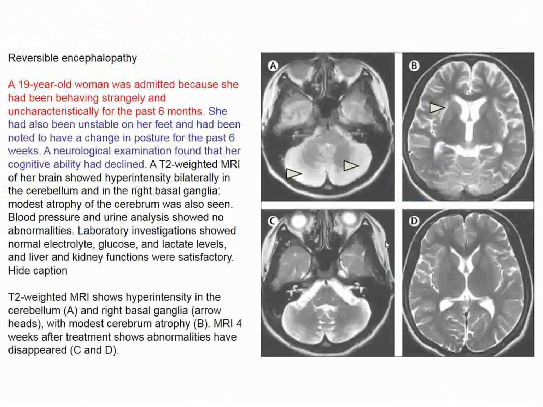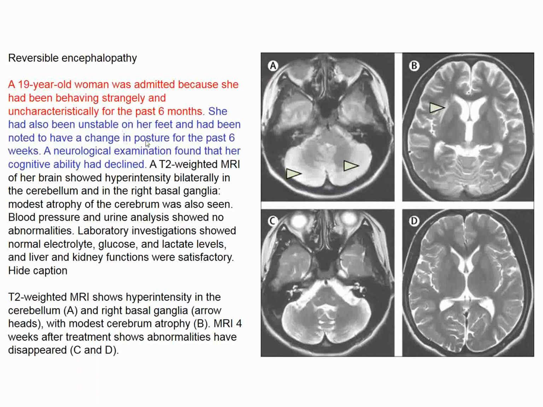Now, the patient that's involved here is a 19-year-old woman. She's a little old for this diagnosis. She's admitted because of behaving strangely and uncharacteristically so for the last 6 months.